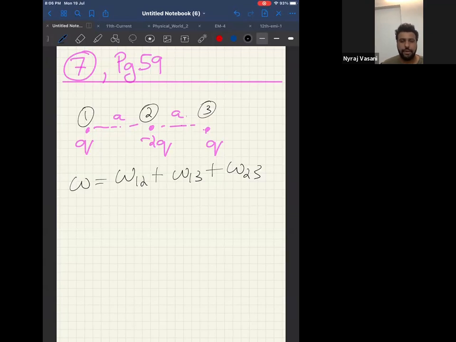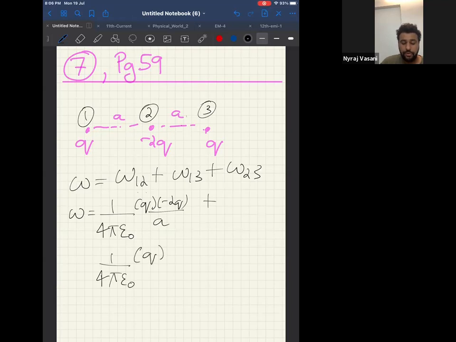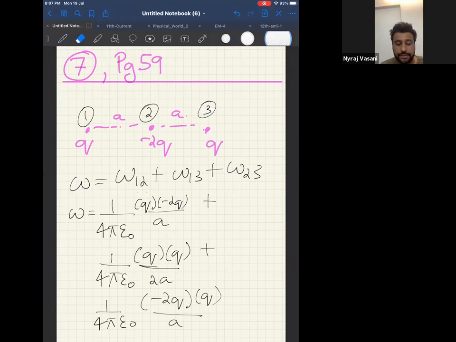Therefore, W12 is 1 by 4 pi epsilon naught charge 1 into charge 2, that is Q into minus 2Q by A. First, plus W13, 1 by 4 pi epsilon naught Q into Q by 2A, because the distance between 1 and 3 is 2A, plus W23, that is 1 by 4 pi epsilon naught minus 2Q into Q, charge 2 into charge 3, by A. This is the next step.